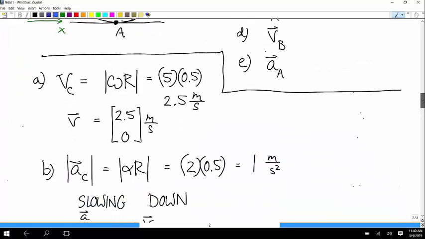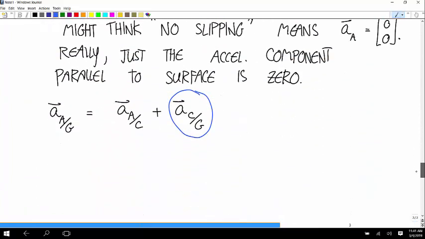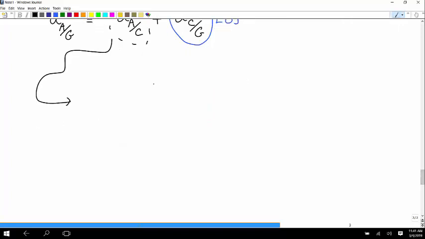That was negative 1, 0. This one we're going to have to calculate.